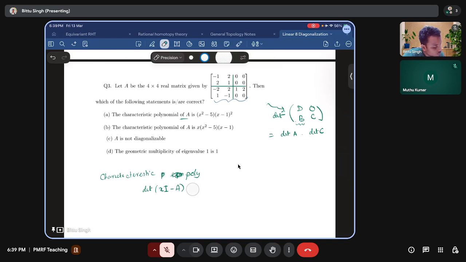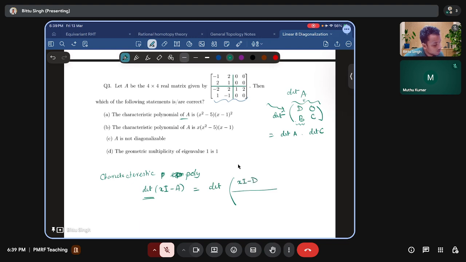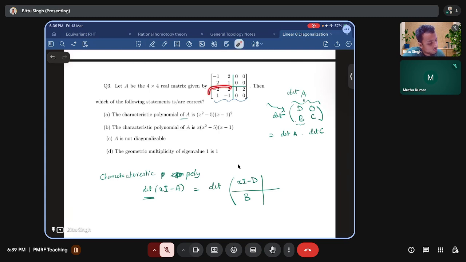So that will give me the determinant of this matrix, right? I have assumed A equal to this matrix. So we are calculating the determinant of this. It will look like xi minus D, and B will be unchanged because B does not have any diagonal entry, right?